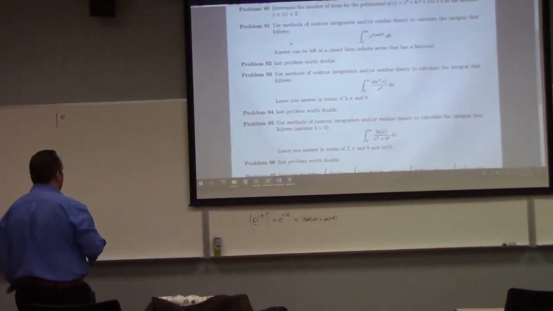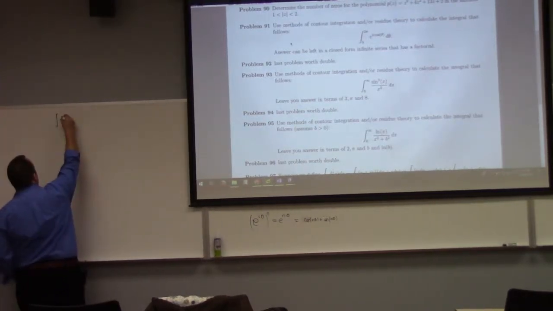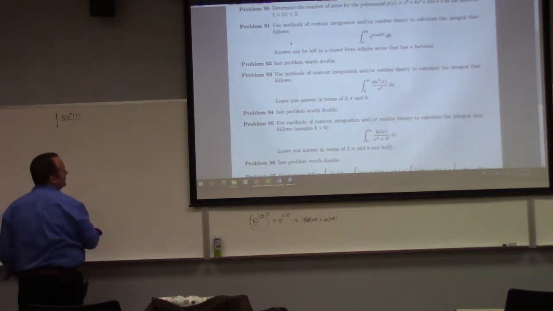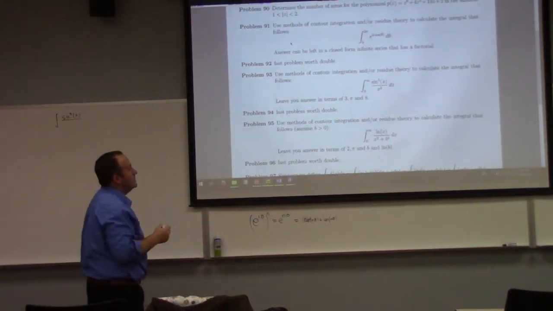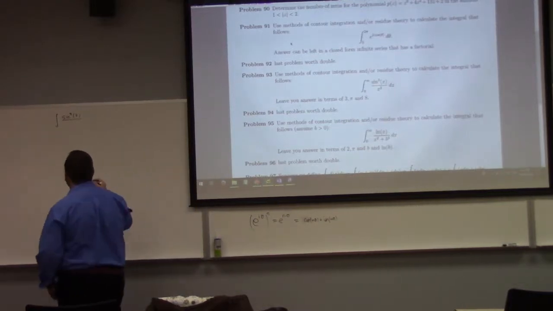That's no help. I guess I'm just going to look at sine. I mean, for lack of a better idea, why don't I just look at sine cubed z over, what was it? Oh, x cubed. So maybe z cubed if we're lucky.